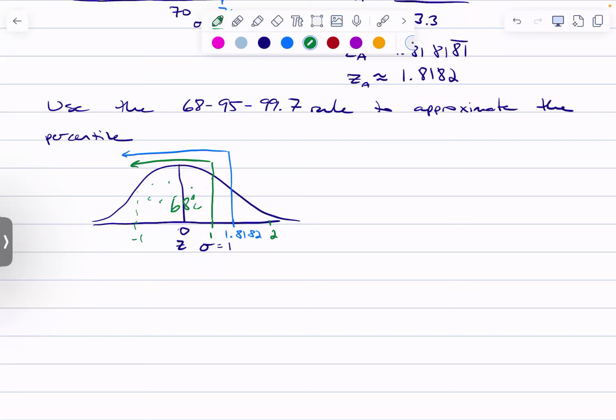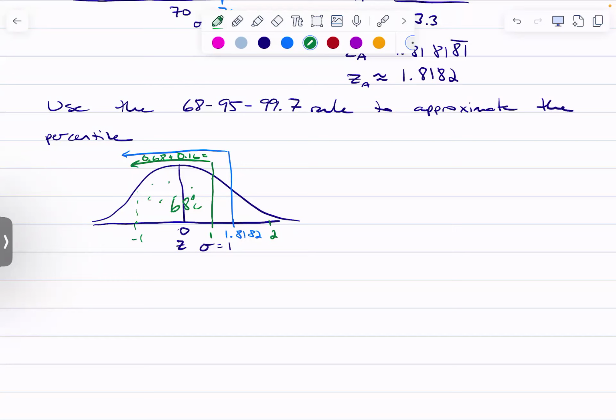But then I also have the tail, and so it's going to be 0.68 plus 0.16, which is 0.84.